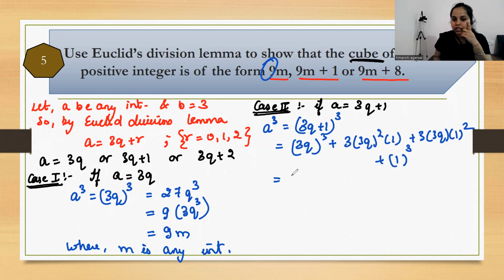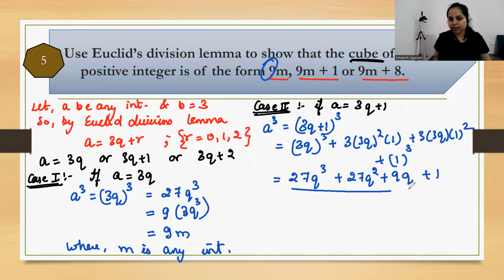Now, what we'll get from here? 27q cube. From here, 3 with a 9, 27q square, and this will be 9q, and this will be 1. So 9 हम किसमें से कॉमन ले सकते हैं? डेफिनेटली इन सभी टर्म में हम 9 कॉमन ले सकते हैं.